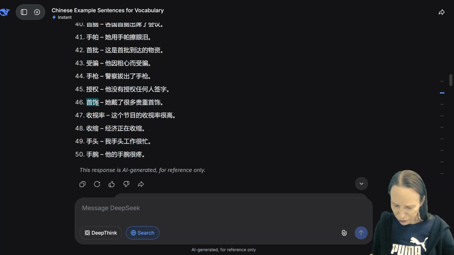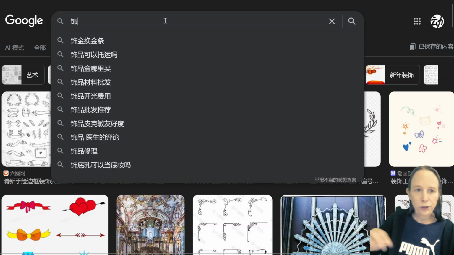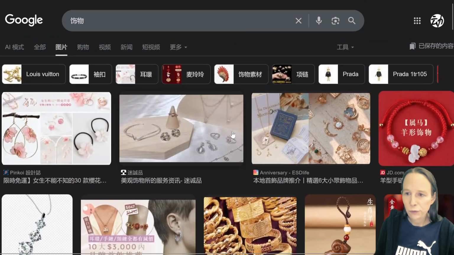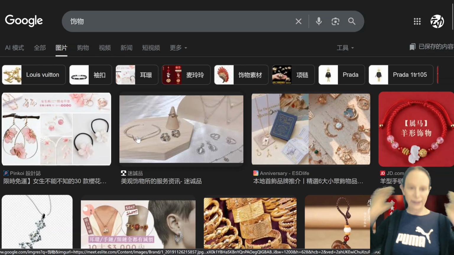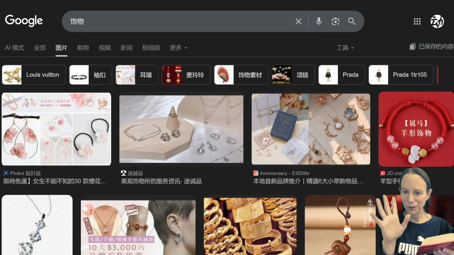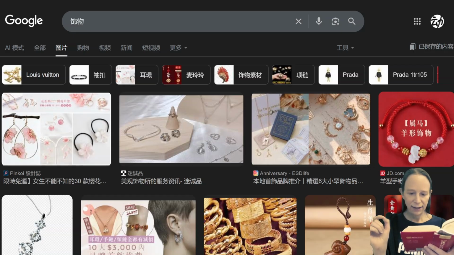收视, so the 首 does mean head. So the dictionary says 原指, so originally indicated 戴在头上的饰物, originally indicates ornamental objects worn on the head, and then it goes, where were we, 现泛指耳环项链戒指等.